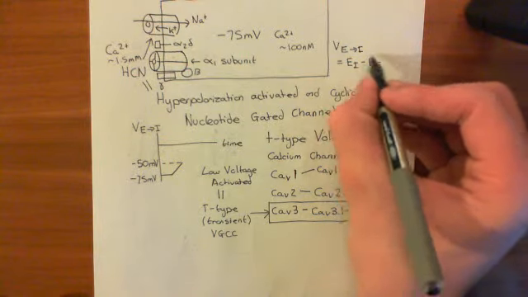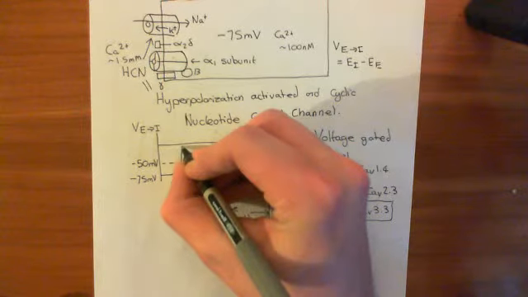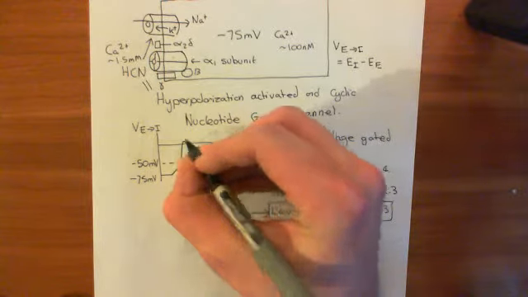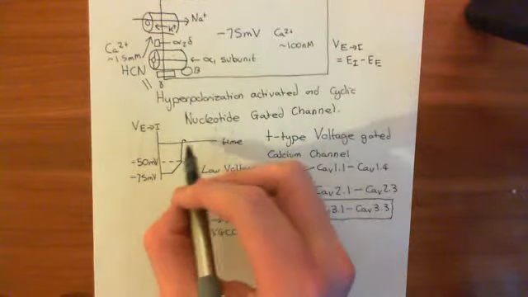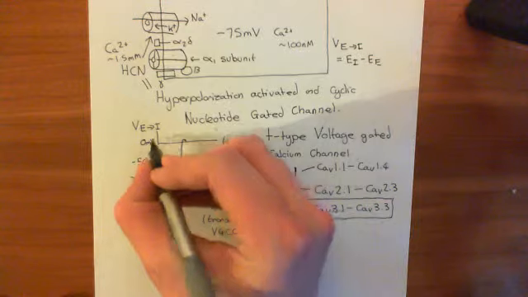So that's going to mean this overall becomes more positive. So what happens is that you get this rapid upstroke of the action potential, and it goes up to just above 0 millivolts, basically.